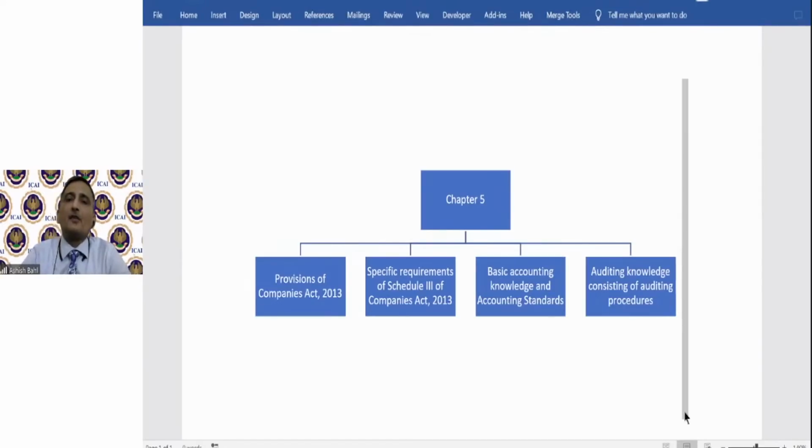So this chapter, students, is developed keeping in mind these 4 requirements. It stands on these 4 pillars.